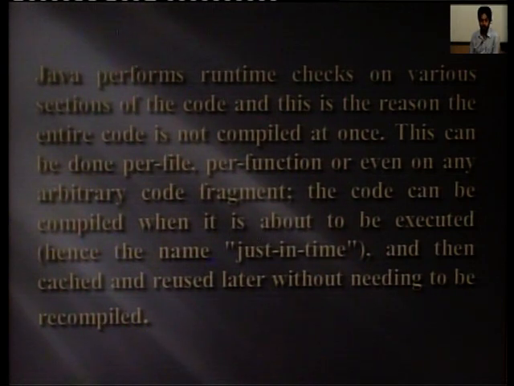The code can be compiled when it's about to be executed, hence the name just in time, and then cached and reused later without needing to compile again. This is the big advantage in the .NET framework too: whichever function the compiler needs is compiled per file, function or arbitrary code, and reused from the cache without any time delay. So that's why it's called just in time.